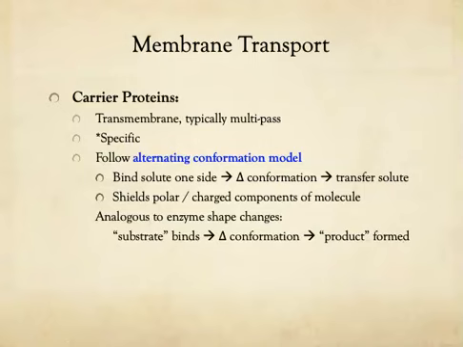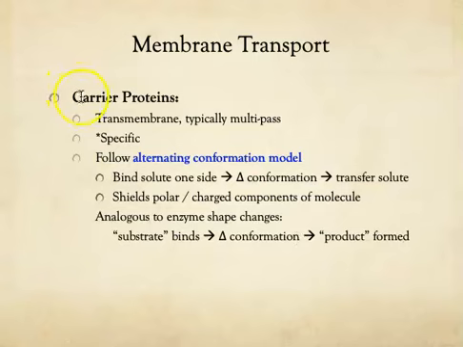If you can recall, when a substrate binds to the active site of an enzyme, it causes the enzyme to change shape. It's the shape change that lowers the activation energy of the reaction and increases the speed or the rate of the reaction and allows product to be formed.